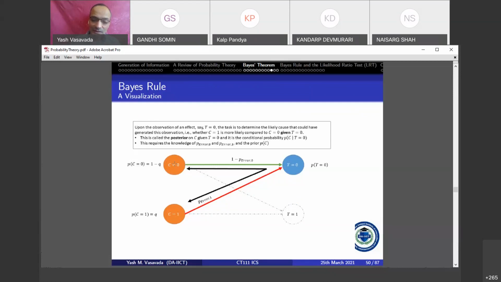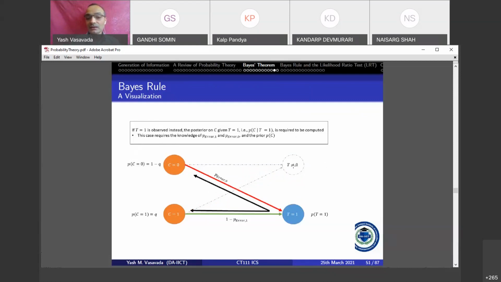Again, let me use even a simpler word, not probability mass. This probability mass is actually your belief. So your belief regarding whether you have the disease or do not have the disease, when you get t equal to 0, is vastly different from the belief that you have when you get positive test result, right?